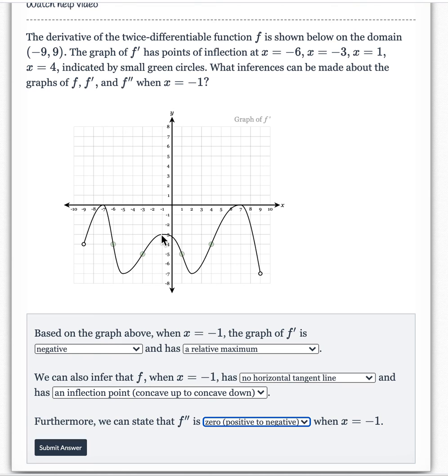Okay? F double prime is 0. Remember, concavity is whether it opens up positive or opens down negative. At an inflection point, concavity is the switch from one to the other. Therefore, f double prime, the measure of concavity, cannot be positive or negative. It must be 0.